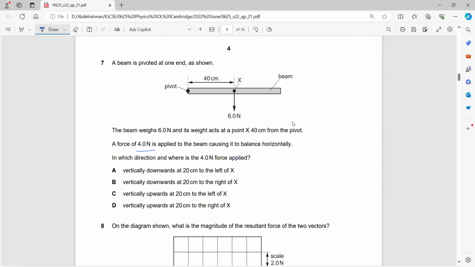No, wait, it should be further from the pivot. Why? Because the force is small. Whenever you decrease the force, you need to increase the distance for the moment to be equal. Should it be directed upwards or downwards? Upwards. Quite obviously. So it's upwards and to the right of x.